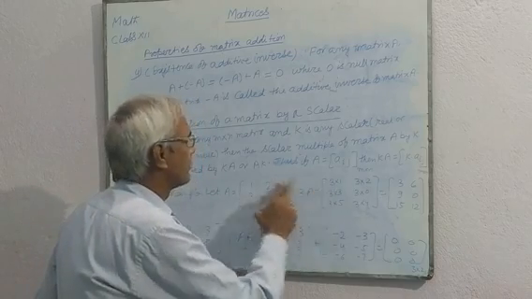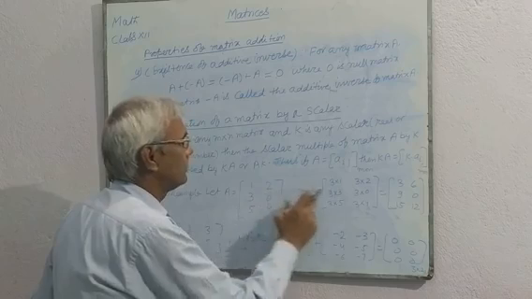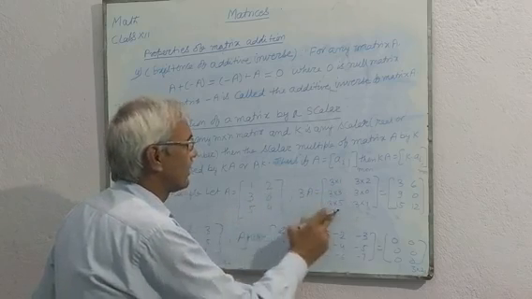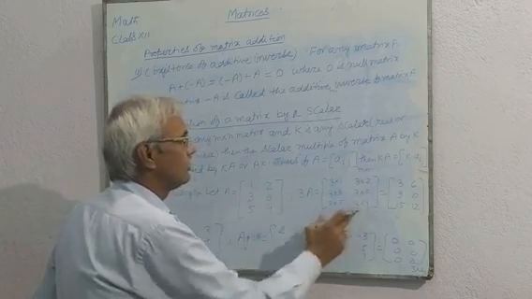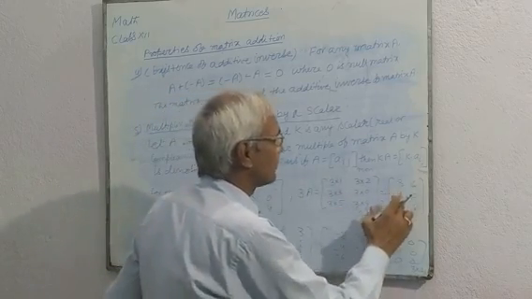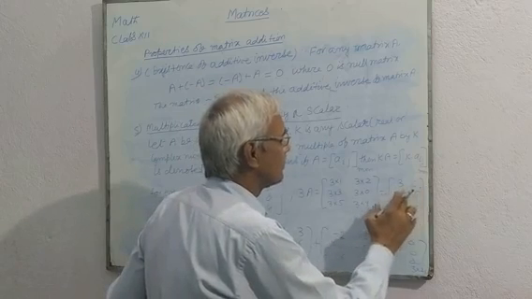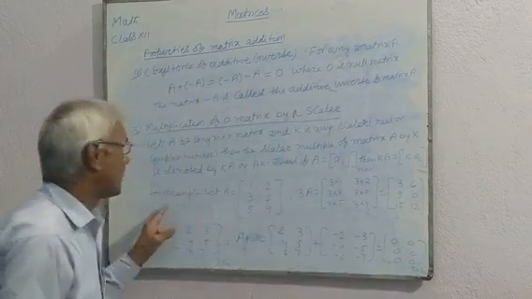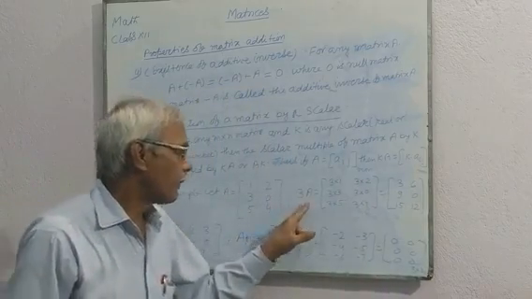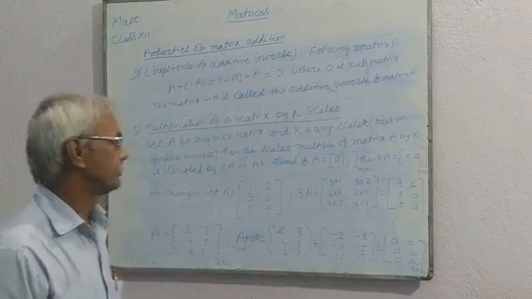That means 3A equals 3 into 1, 3 into 3, 3 into 5, 3 into 2, 3 into 0, 3 into 4. That means 3, 9, 15, 6, 0, 12. This is called the multiple of matrix A by the scalar 3.